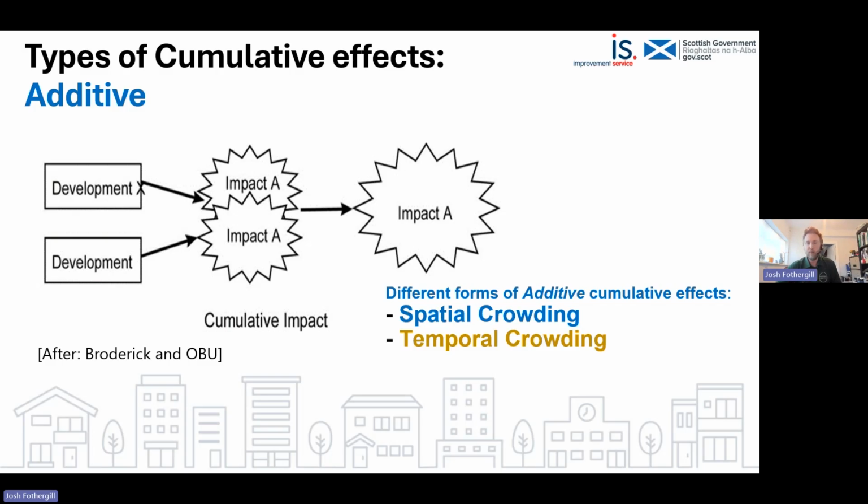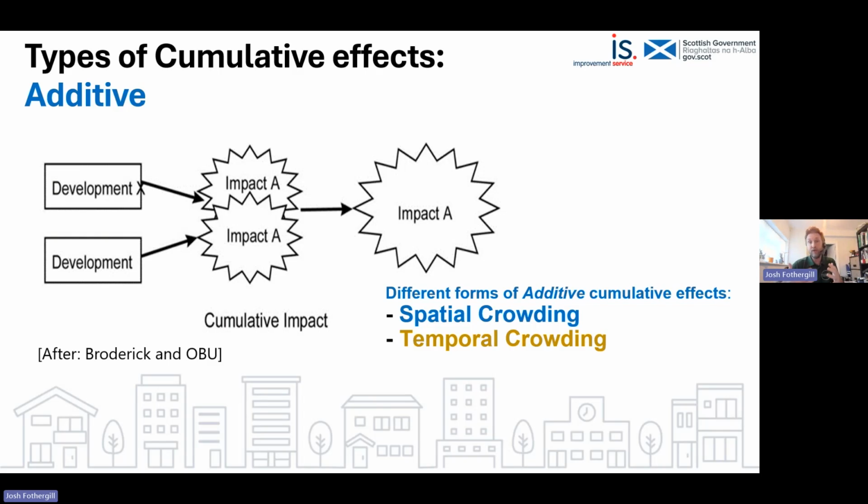Another thing is known as temporal crowding, or time-based crowding, and this is where there's a lot of activity either all at the same time or very close to each other that then can have a longer term impact. So we might say, well, we're going to do some work in the River Tay, and it's going to be near a sensitive habitat, and our construction disruptive noise into the water environment, and the vibrations and the impact on fish and mammal species, etc., is only going to last 3 months.